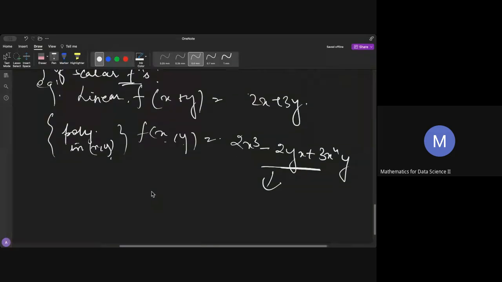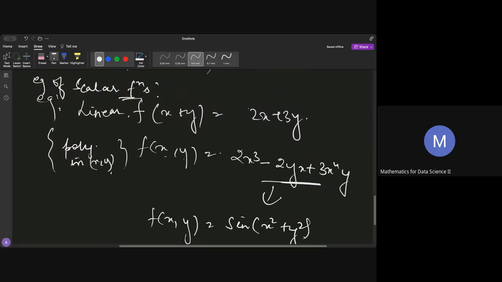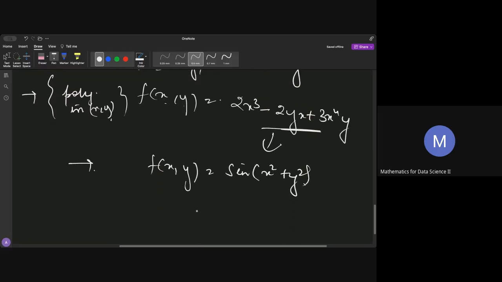Then in the trigonometric category, you can take f(x,y) equals sine of x square plus y square. This is also a scalar valued function. Then for the exponential ones, you can take f(x,y) equals e to the power x minus y square.